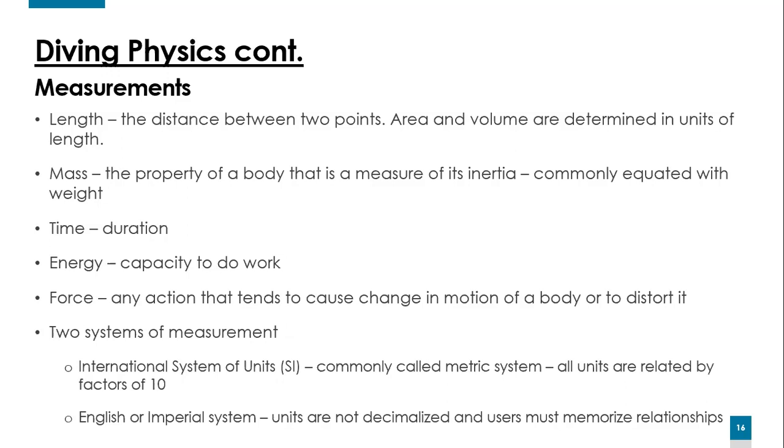All right, there's two systems of measurements that could be used in diving. The SI system, or commonly called the metric system, or the imperial system. That's what we primarily use in the US. Feet, minutes, seconds, things of that nature.